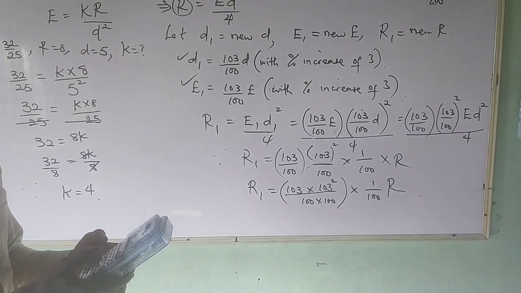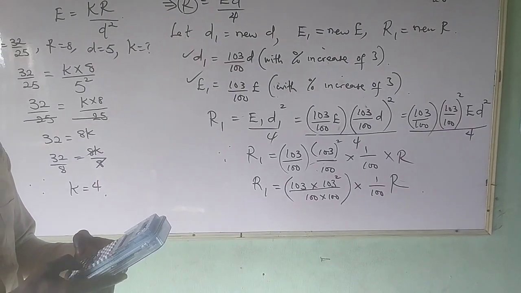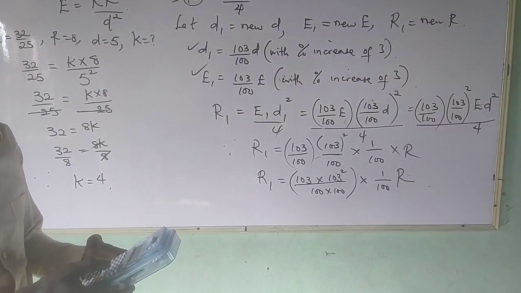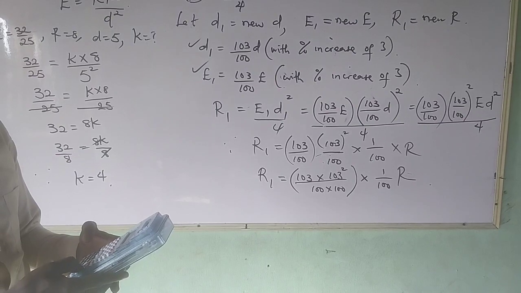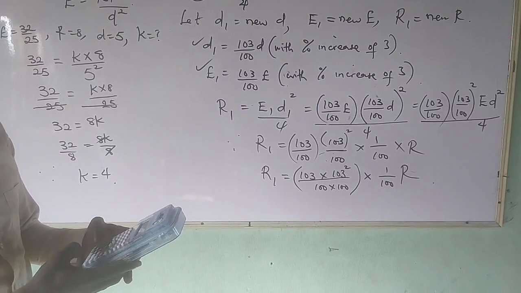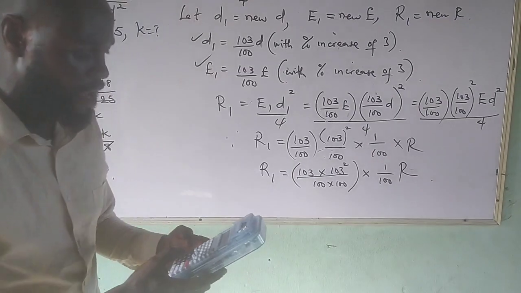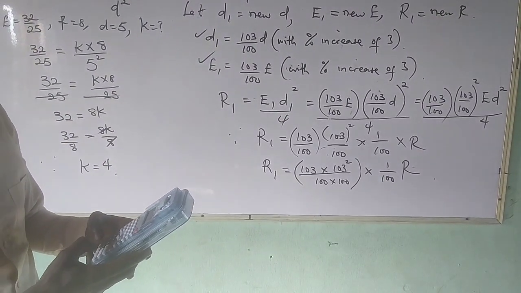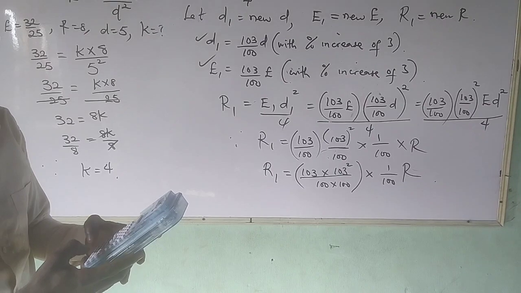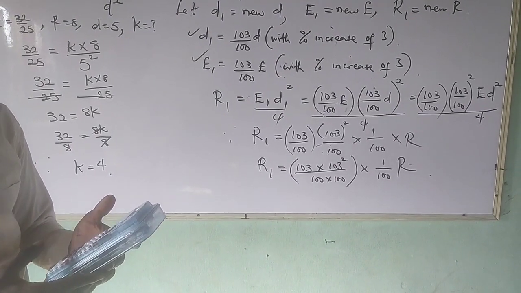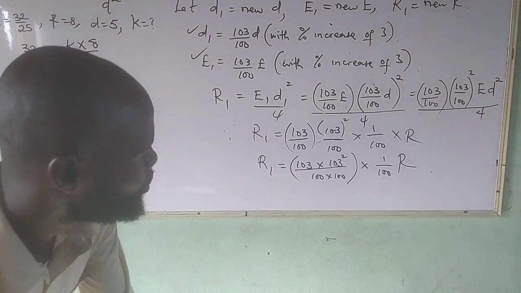we have 103 times 103 squared divided by 100 times 100, which is 10,000. This is the same thing as 109.27.